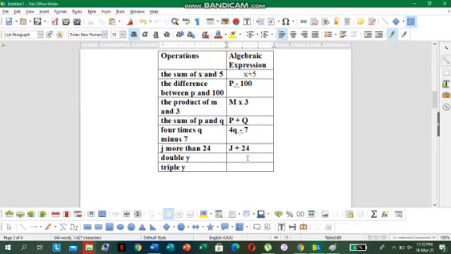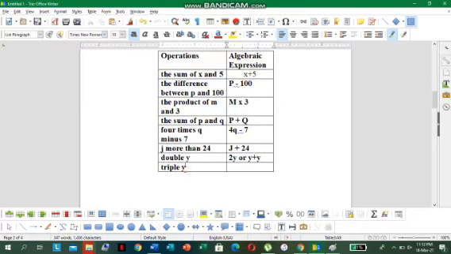Now the second to last one says double y. All we have to do is double y. We can write 2y, or we can say y plus y. Double y means that we do it 2 times. So 2y, or y plus y.